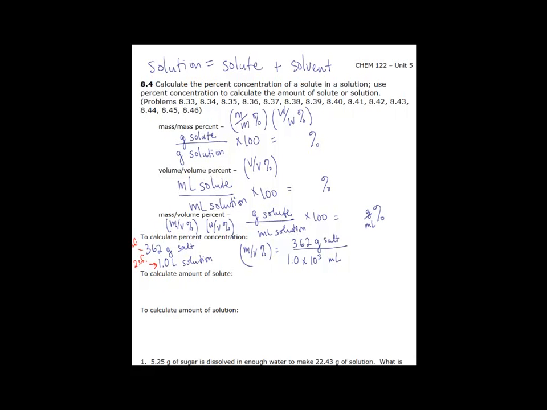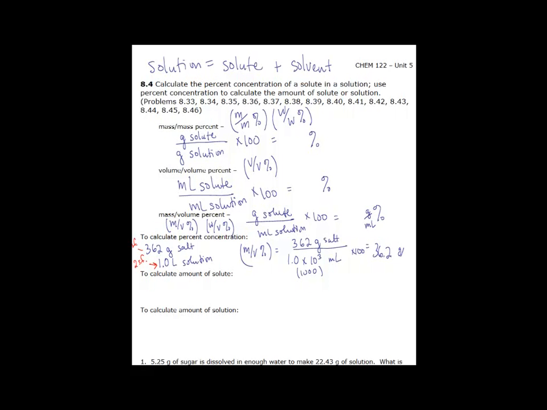So, when we divide this out, we're going to have 362 divided by 1,000, I'll put that in parentheses, times 100. So 362 divided by 1,000 times 100 gives me an answer of 36.2.